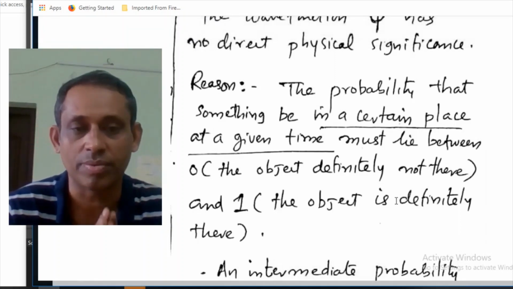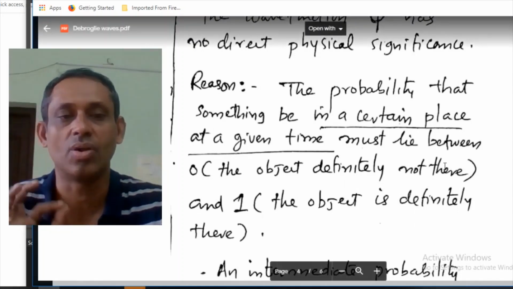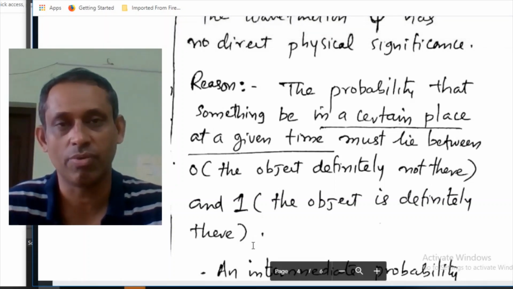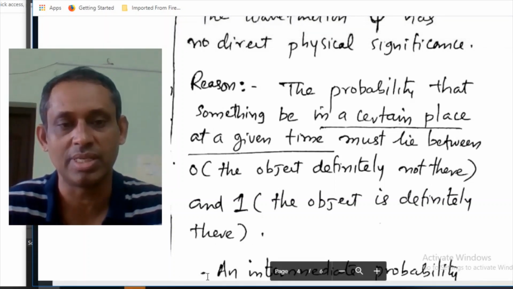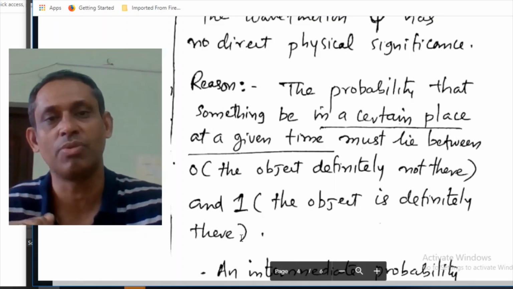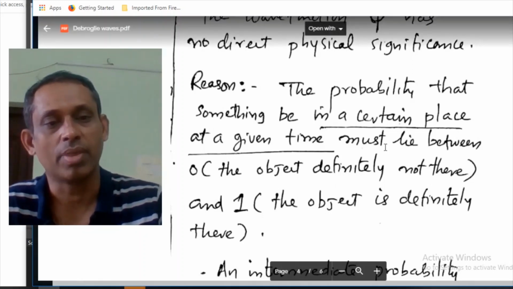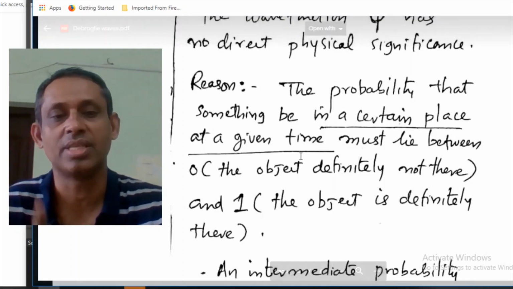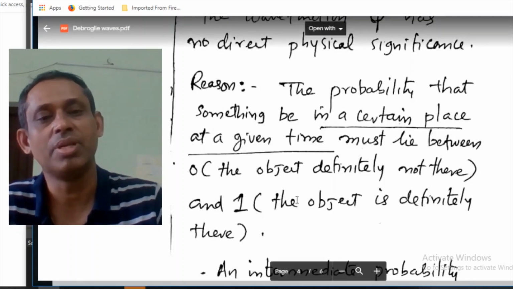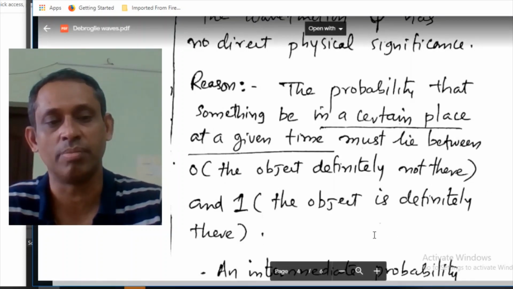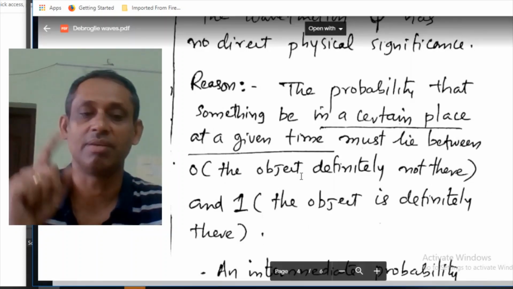Probability is always between 0 and 1. 0 means the object is definitely not there, and 1, the maximum value, means the object is definitely there.